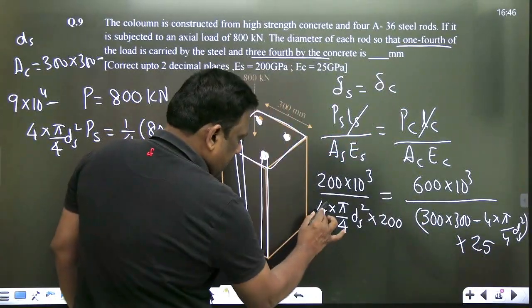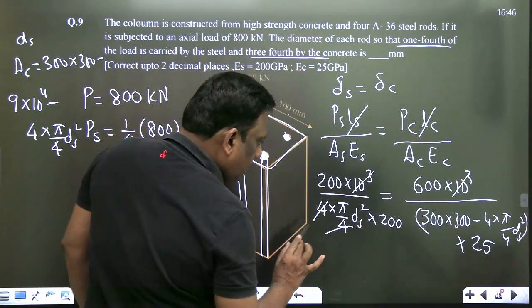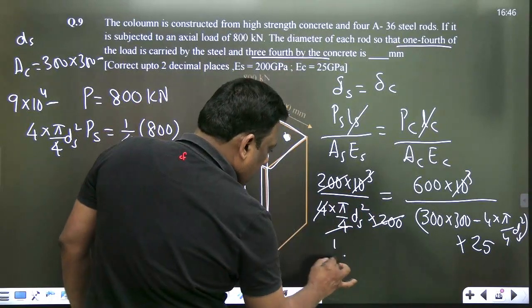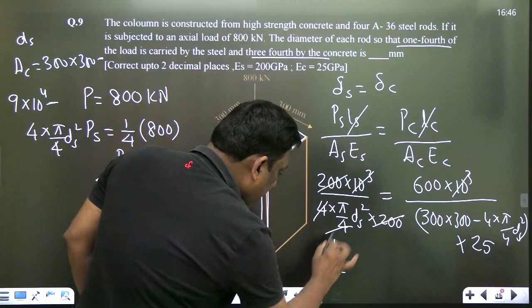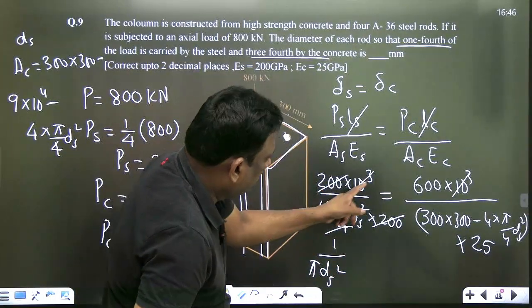Very simple. This cancels, this cancels, and the 200 is gone. 10 power 3 cancels with 10 power 3.